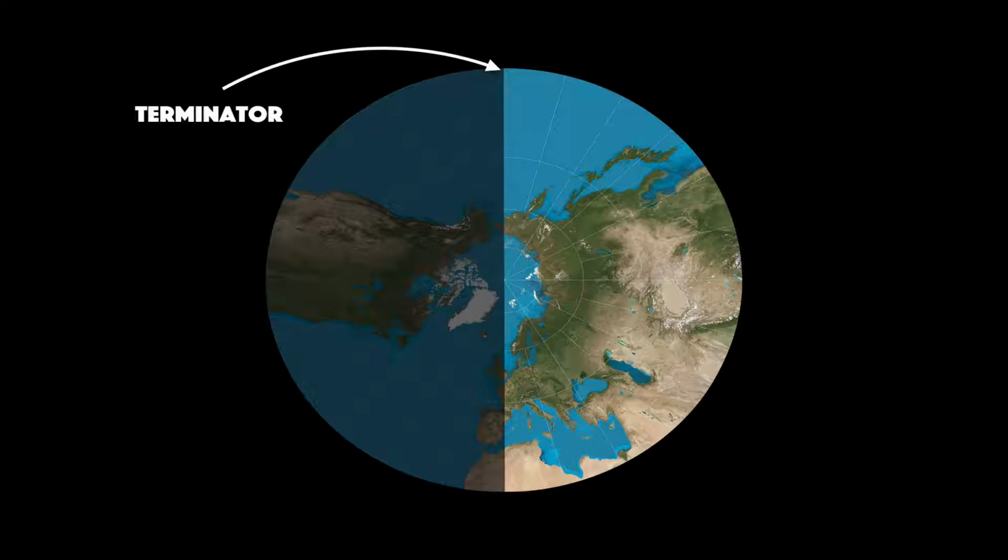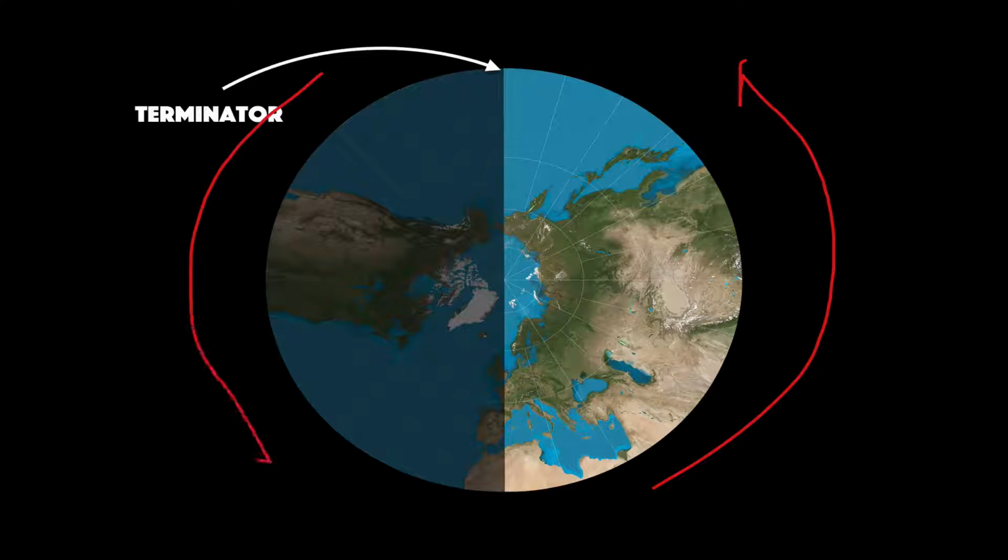We call that division the terminator, and that terminator is a dividing line between night and day. So if you were on Earth and you were here, assuming that the Earth is rotating in this general direction, a location over here is experiencing daytime. As the Earth rotates this way, we're getting closer and closer to night.